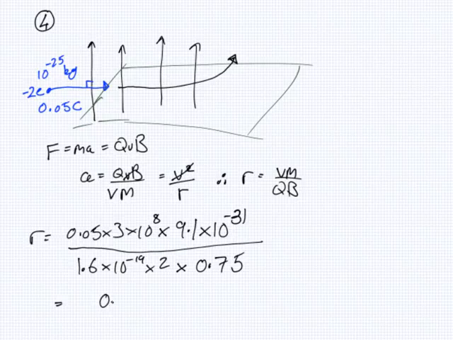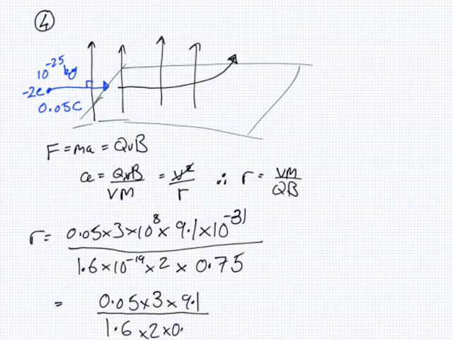Okay, so if you just type in 0.05 times 3 times 9.1 all over 1.6 times 2 times 0.75 times 10 to the power of 8 minus 31 plus 19.